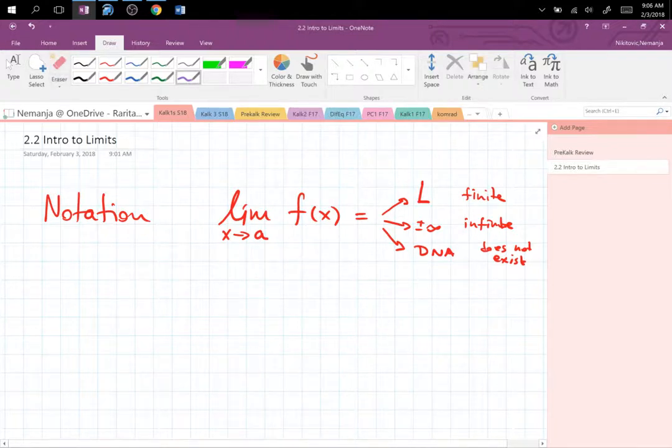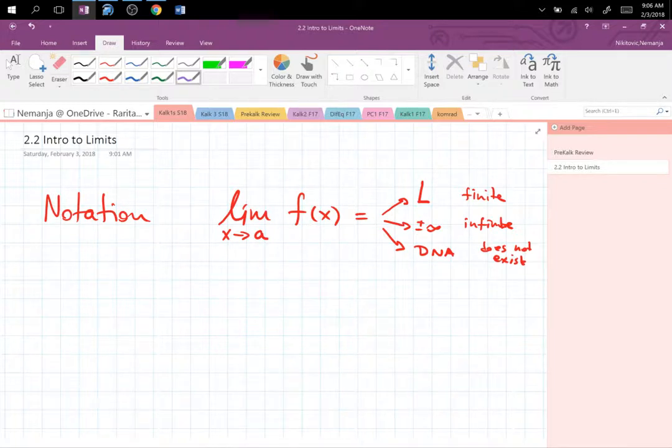Now the next thing that it's important to understand here is that the limit essentially is going to compute the y value of the function, but it's a much more powerful calculation than what you know from pre-calc, where you just plug in a number.